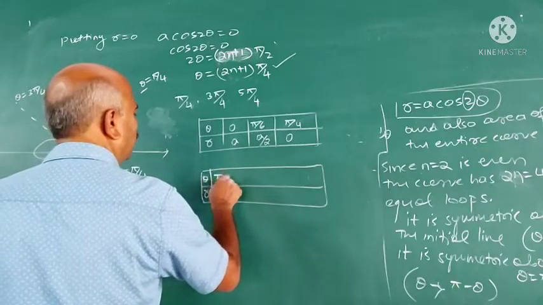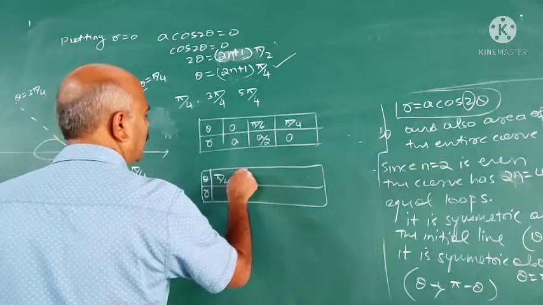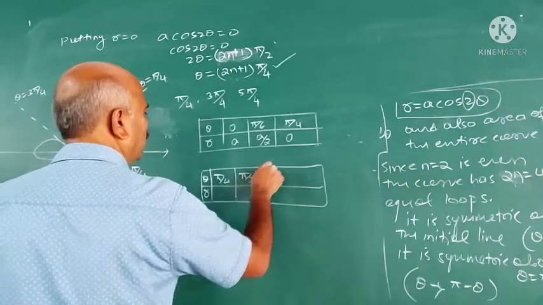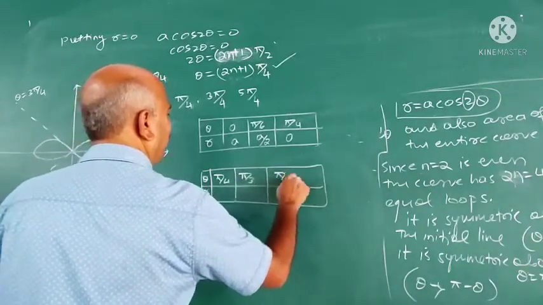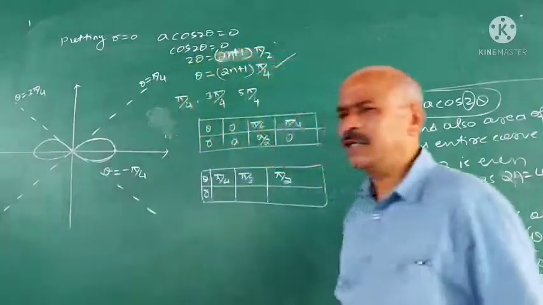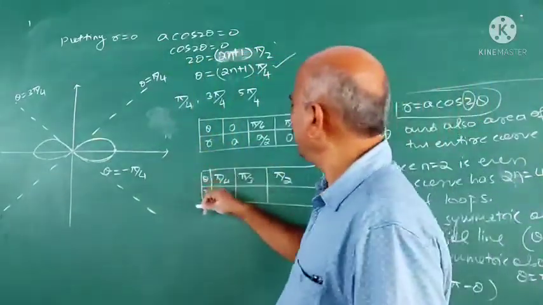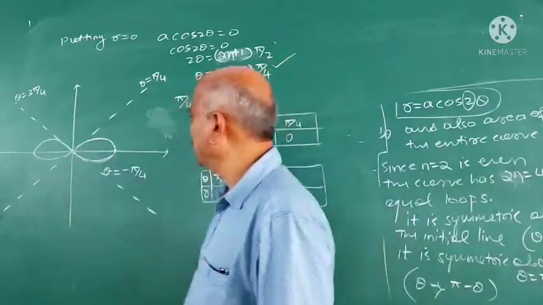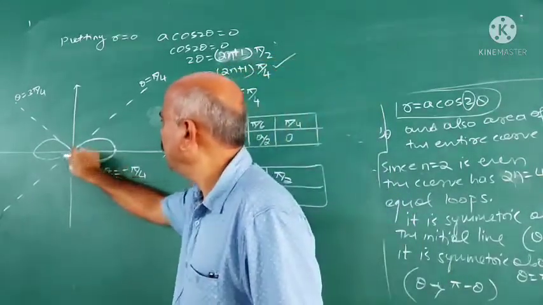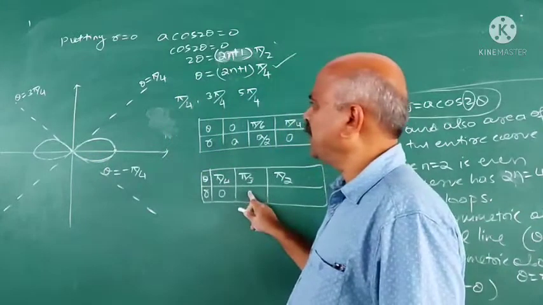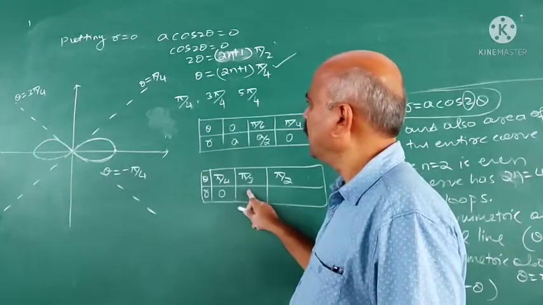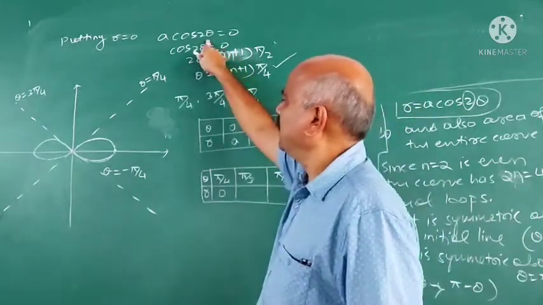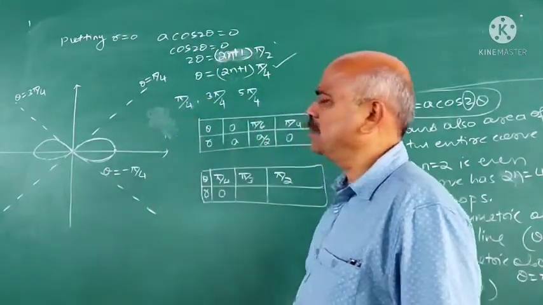pi by 4, then pi by 3, then pi by 2. I take these values. When theta is pi by 4, r is 0. When theta is pi by 3, we get 2 pi by 3, which means negative.